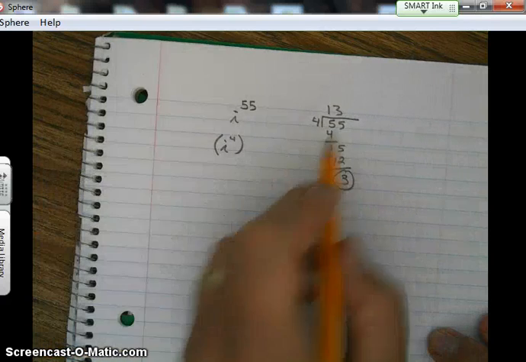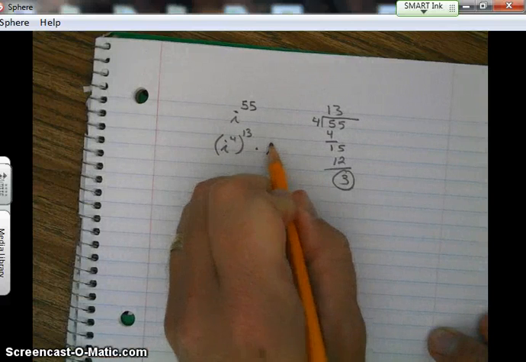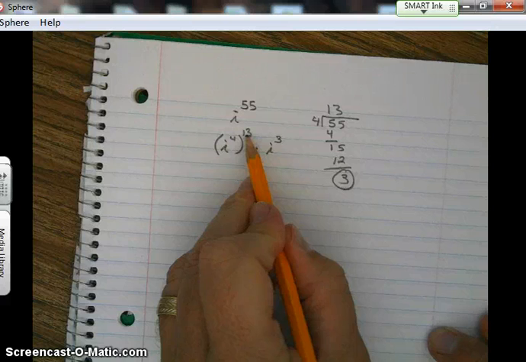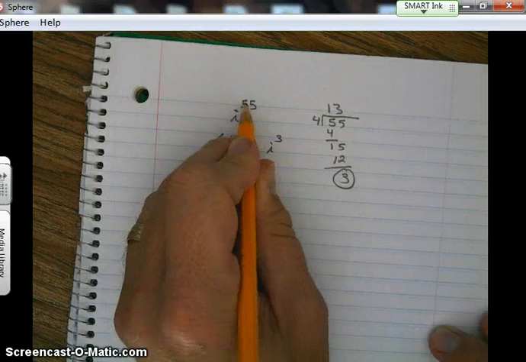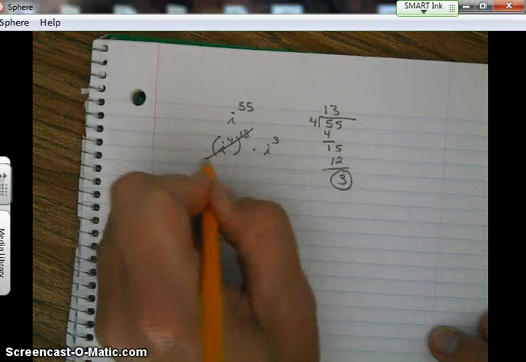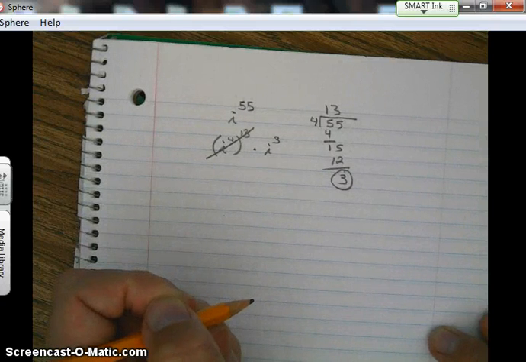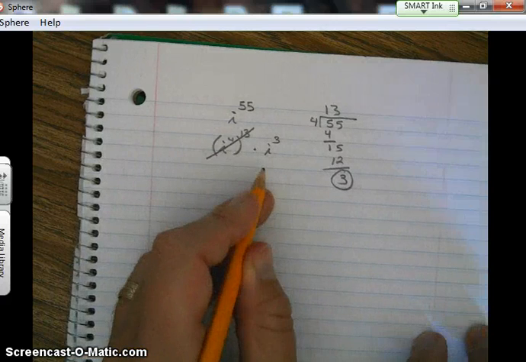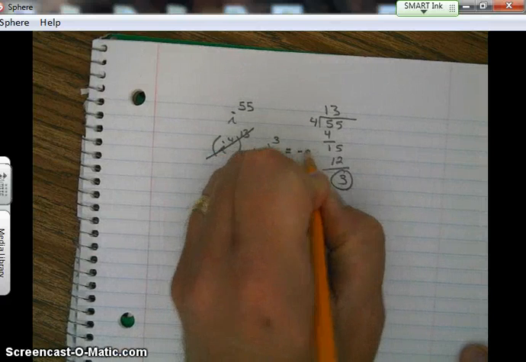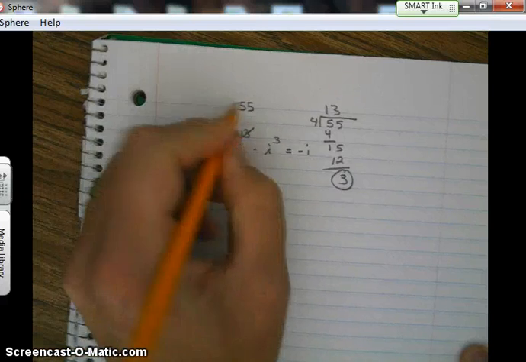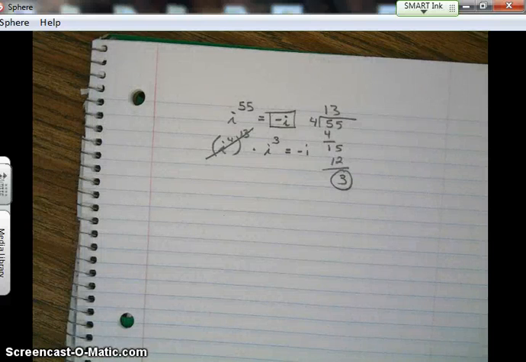So we can take out 13 of these, and we'll have i to the 3rd left over. 52 from 55 is 3. So that part is just 1. And i to the 3rd power is negative i. So i to the 55th power is equal to negative i. Okay?